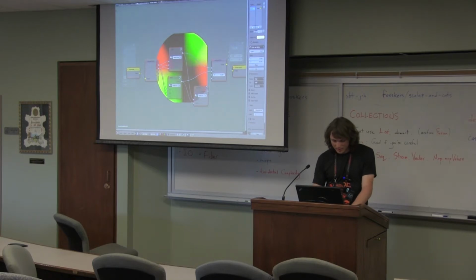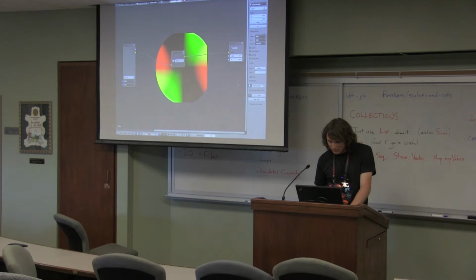This takes Mandelbrot sub n, and puts out Mandelbrot sub n plus 1. Iterate. All right.